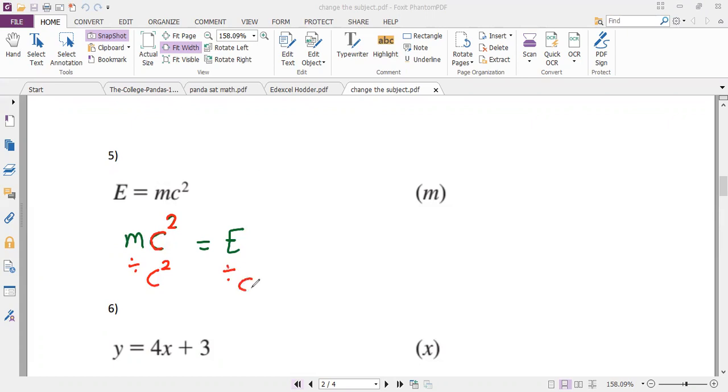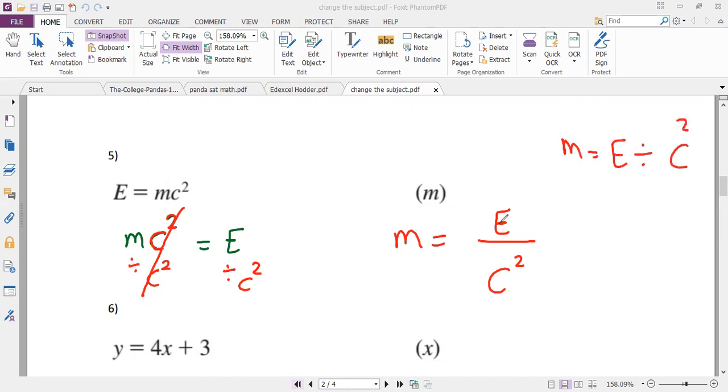To cancel them out, you are left with M on this side equals E divided by C squared. So we can write it as M equals E divided by C squared, or M equals E over C squared.